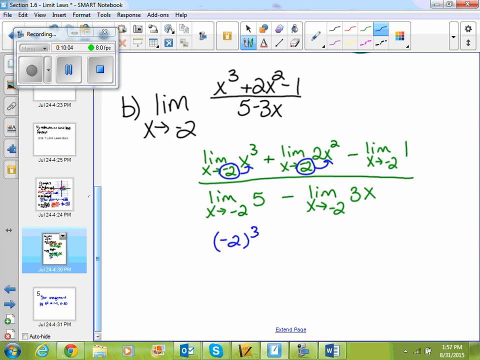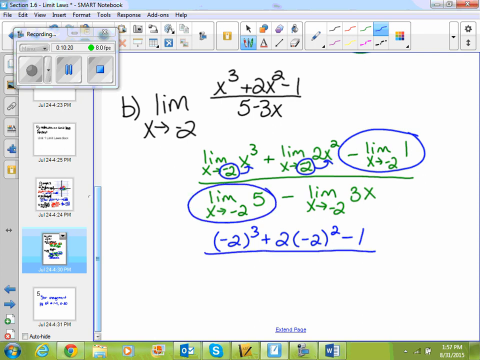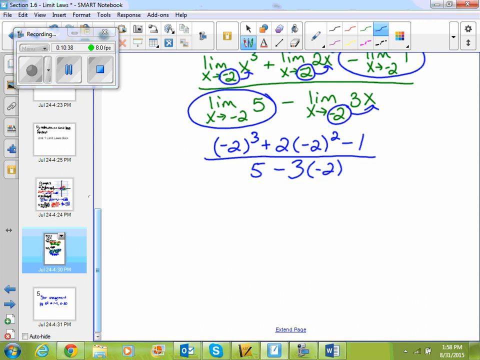So I get negative 2 cubed plus 2 times negative 2 squared. What's the limit of a constant? It just stays the constant, so that would stay the minus 1. Same thing here with the limit of the constant 5, it would just stay 5. And if I plug in negative 2 here, 3 times negative 2. Alright, so what's negative 2 cubed?